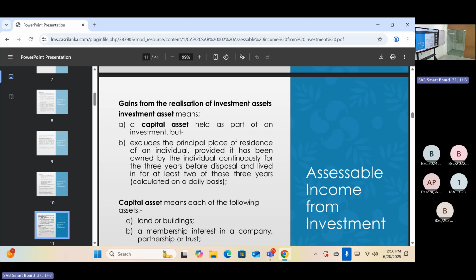Other than that, the asset also counts as an investment asset. That is the meaning.